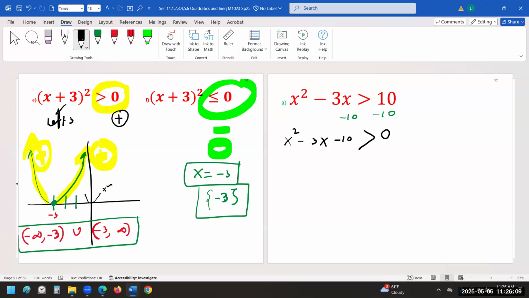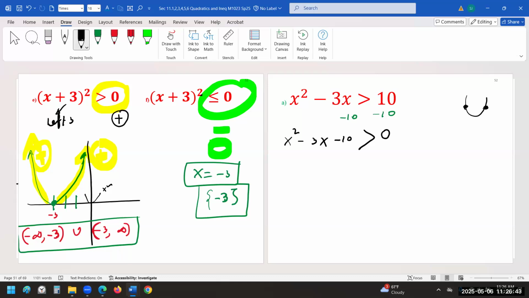So instead of just graphing, we want to see what our x-intercepts are. Without doing anything else, just by observing the x squared, what do you think the shape of our parabola is? Upward or upside down? Upward. Good. We definitely know we have an upward parabola. We just want to know when it crosses the x-axis.